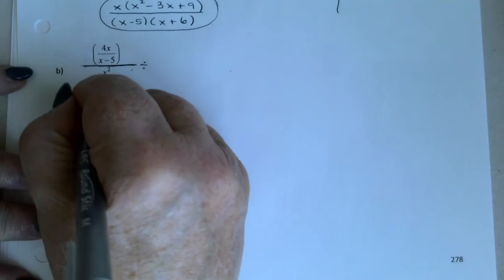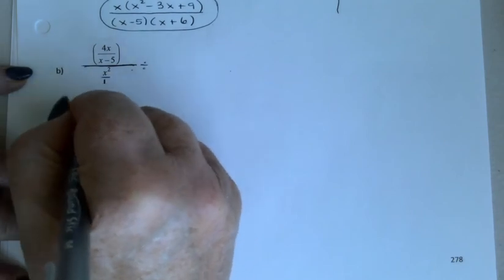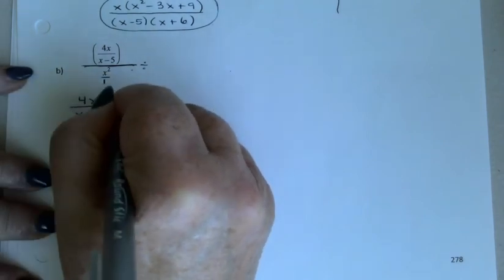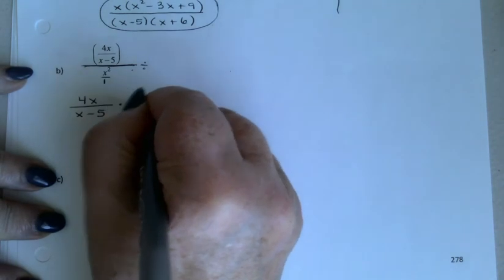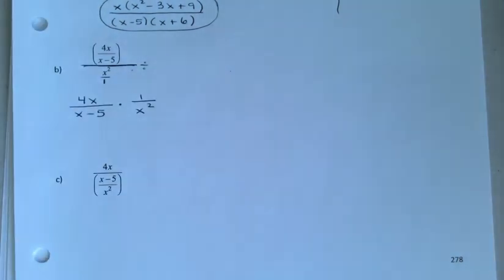So I'd have 4x over x minus 5 times 1 over x squared. This time, thank goodness, there's no factoring to do. I think we got our fill of that in the last problem. But I can do one thing to reduce.